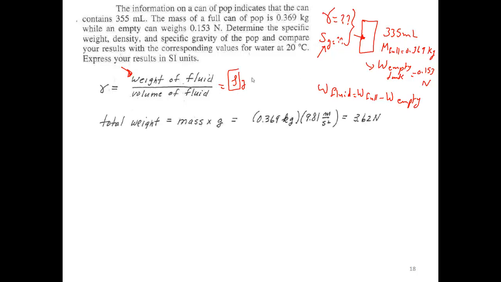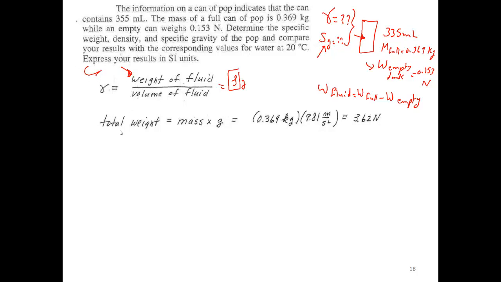Okay, so for the total weight, we have the total mass 0.369 kilograms times g, 9.81 meters per second squared, so that would be 3.62 newtons. Then we substitute that into this equation.